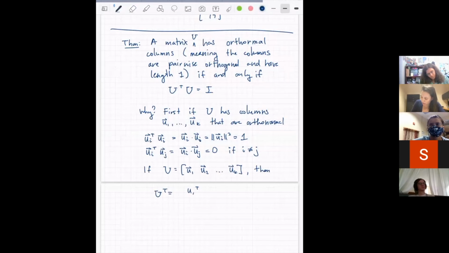What I mean is we're forming a matrix where these are the rows. These are row vectors, right, because we took the transpose. So U2.